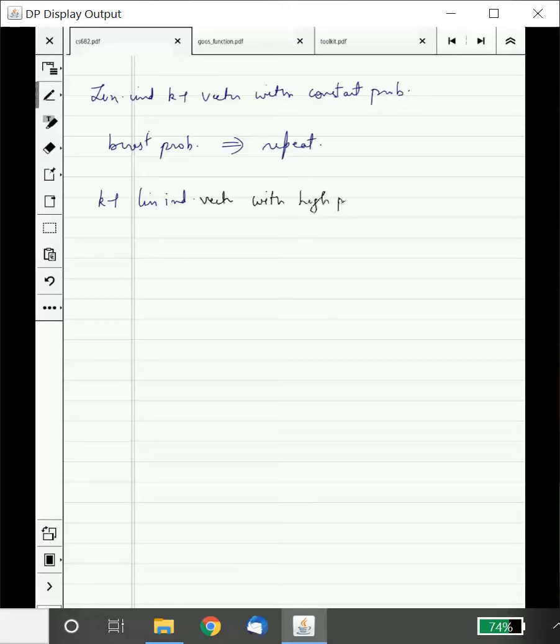And how many times did we do the Simon iteration? Order of k. This finishes the quantum part. So quantum query complexity of Simon's algorithm is order of k, which is order of log n.